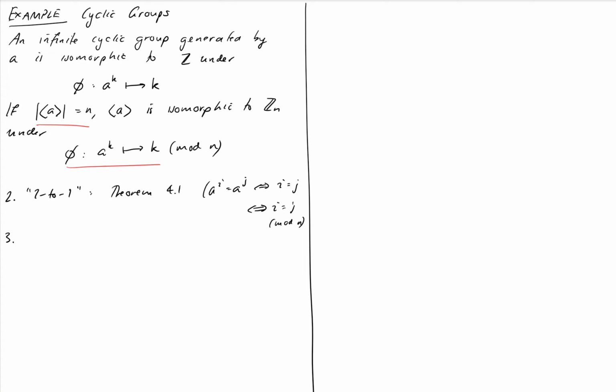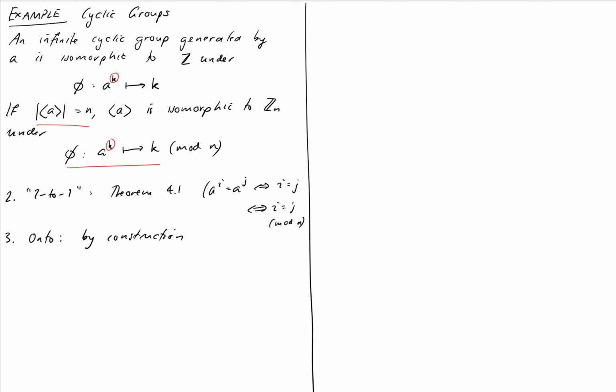Okay, number 3 is onto. And again, the way this problem has been set up, we say it's onto by construction. Because we can get to any integer k, because the way the element of our cyclic group has been defined lets us choose any integer k we like to go in its exponent.